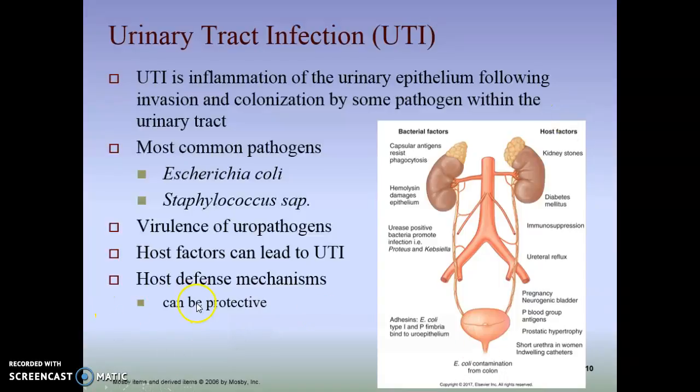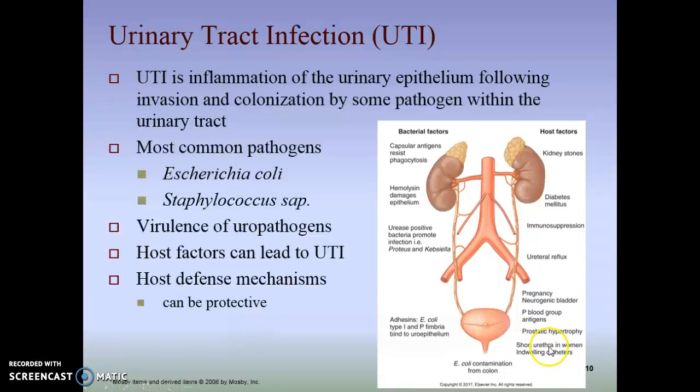All right, so host defense mechanisms can be protective in terms of the mucus-secreting cells that line the urinary tract system. That mucus helps to slough bacteria out of the system before it can actually get hold on the surface of the epithelial cells within the urinary tract system.